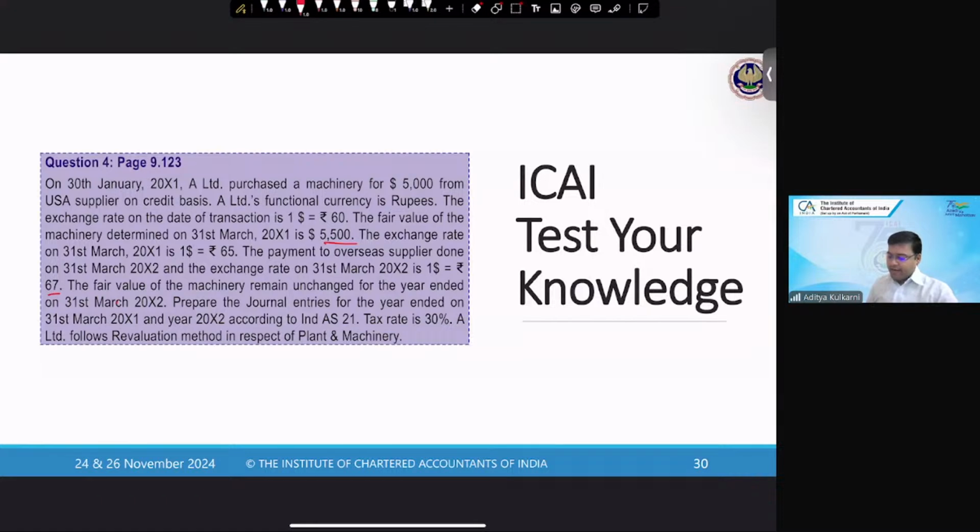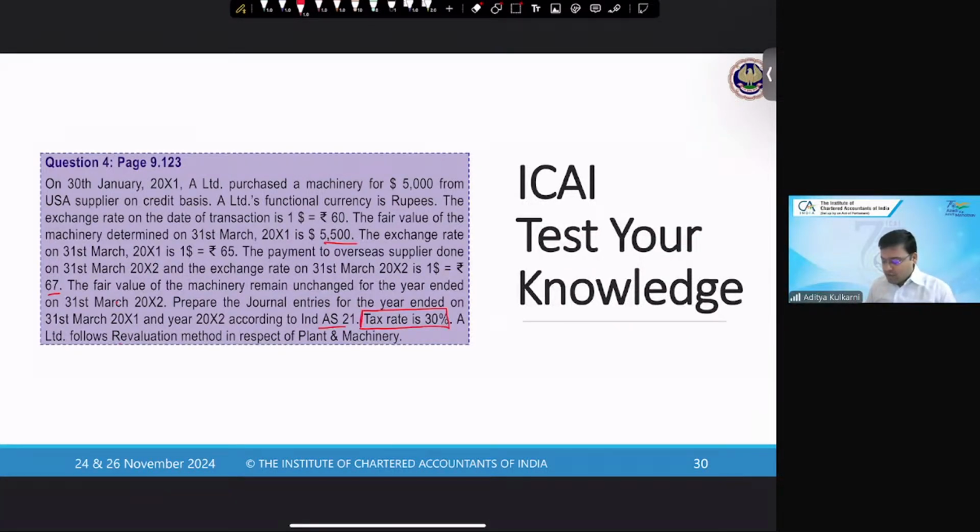Prepare the journal entries for the year ended March X1 and X2 according to Ind AS 21. Tax rate is 30%. You just ignore this one part. What is the purpose of tax rate? We will see later. For today, you just forget the presence of this tax rate and solve.